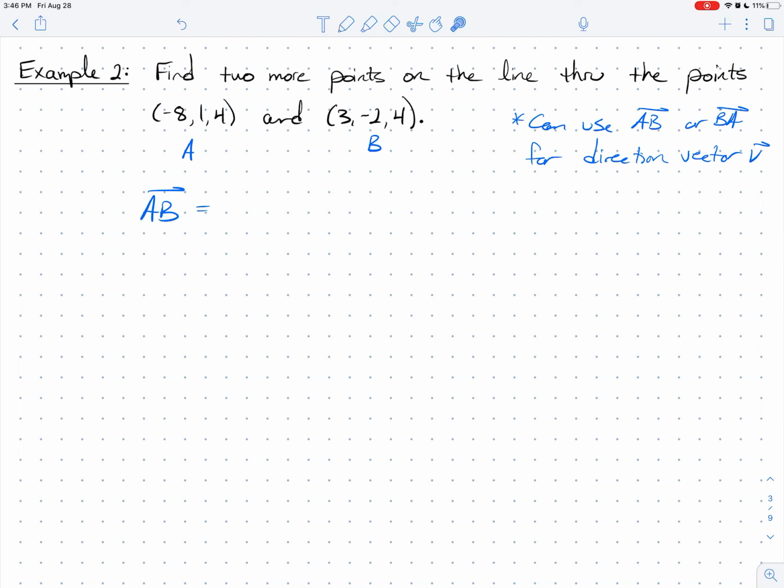AB in this case is head minus tail. So 3 minus 8, I get 11. Negative 2 minus 1, I get negative 3. And 4 minus 4, I get 0. So there's my direction vector.